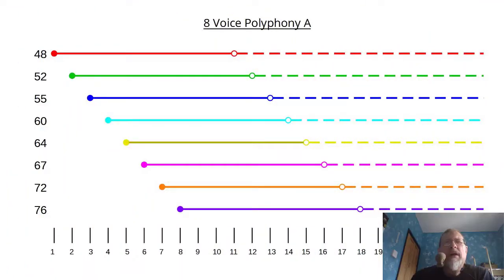Alright, so we're going to look at two examples to demonstrate how this works, and in the first one we're going to play 8 notes, which is a C major chord, starting at MIDI note number 48 and finishing at MIDI note 76, and then we're going to hold them for a couple of beats and then release them all.